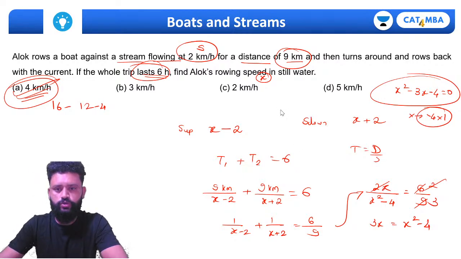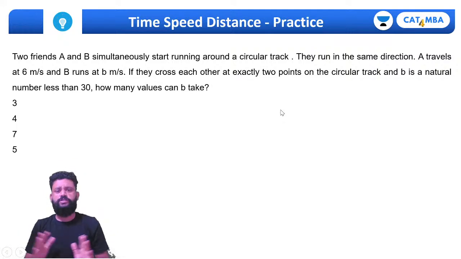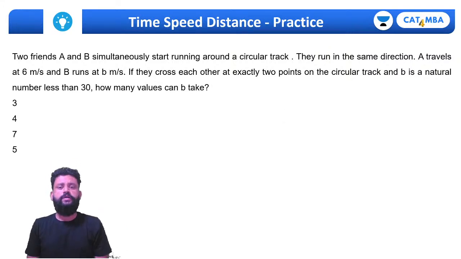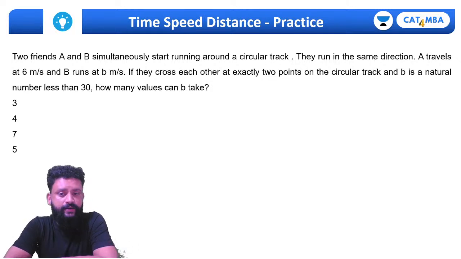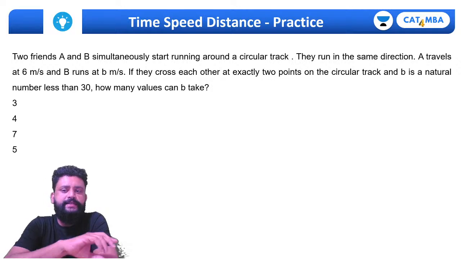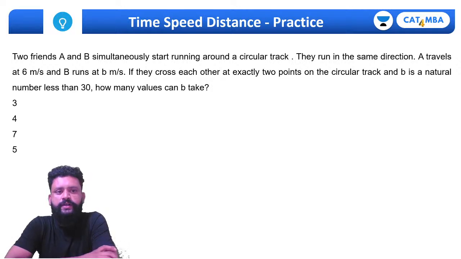So guys, let's move to the next question, a really tricky question from now. Chalo. Two friends A and B simultaneously start running around a circular track. They run in the same direction. A travels at the speed of 6 meters per second and B runs at the speed of B meters per second.